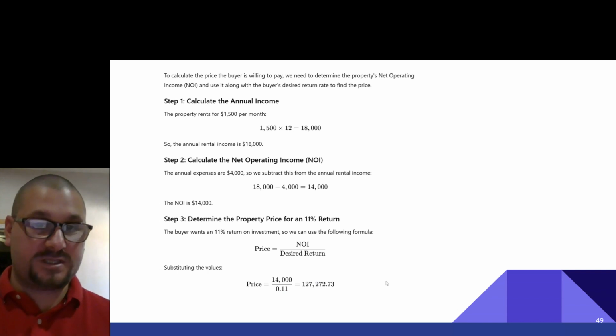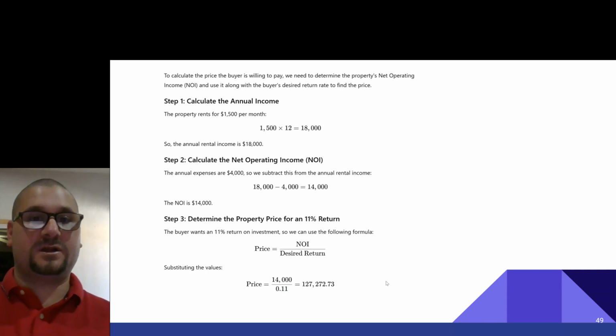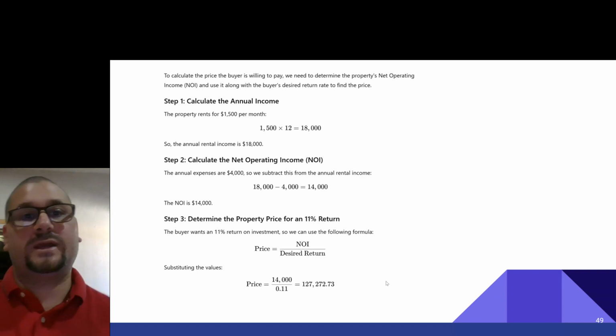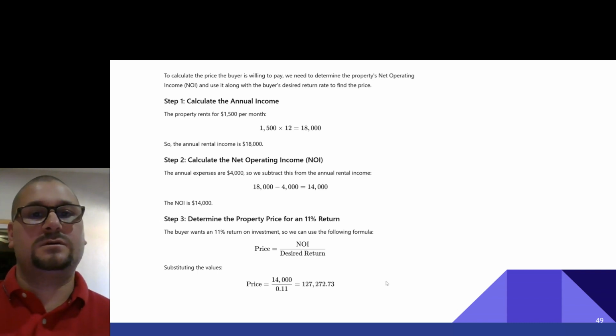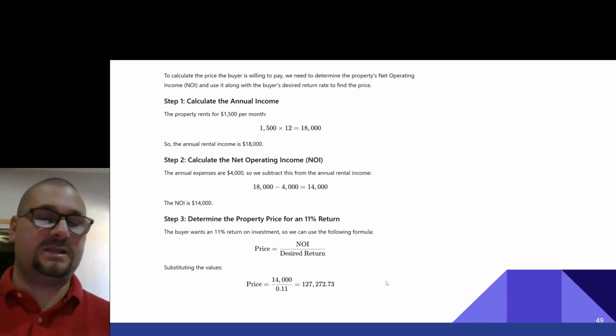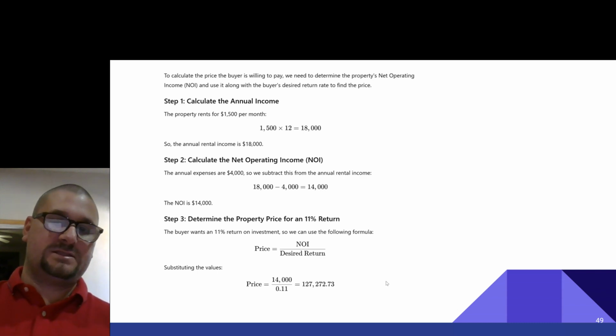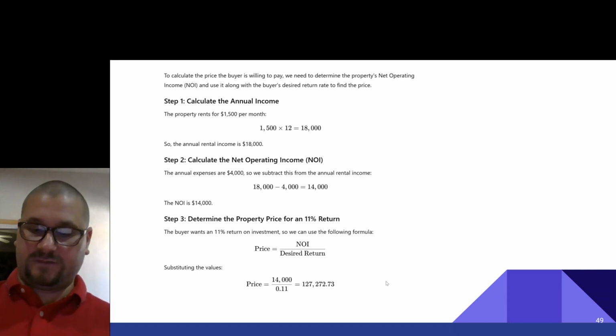They want 11% of their money, so they need to figure out the net operating income. The net operating income is going to be the rent times 12 to get the yearly, minus the annual expenses. So now you can calculate the price: net operating income divided by the desired return.